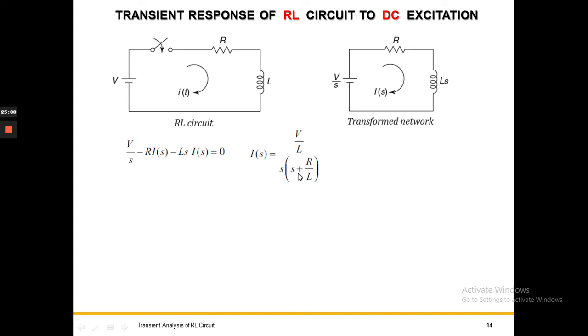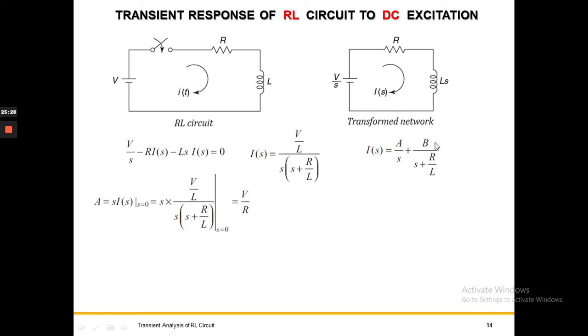So partial fraction this term into two terms, A by s plus B by s plus R by L. Then find out these constants. To find A, multiply both sides by s and put s equal to 0. So we get the constant A as V by R.